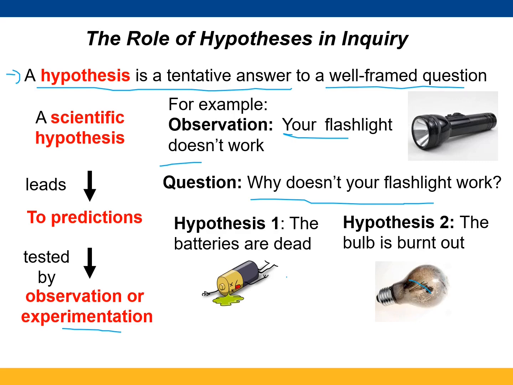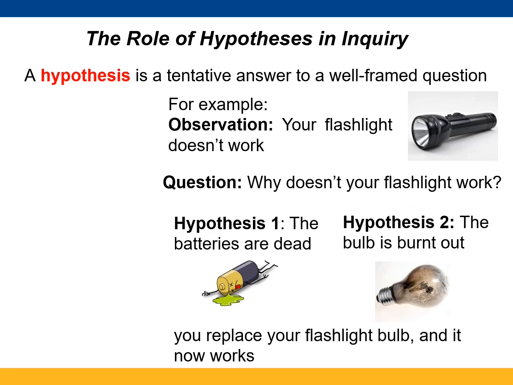So you create two hypotheses. And the good thing about this is that both are testable. You need to make an experiment to test whether they are right. So for example, you can replace your flashlight bulb and see if it works or not.